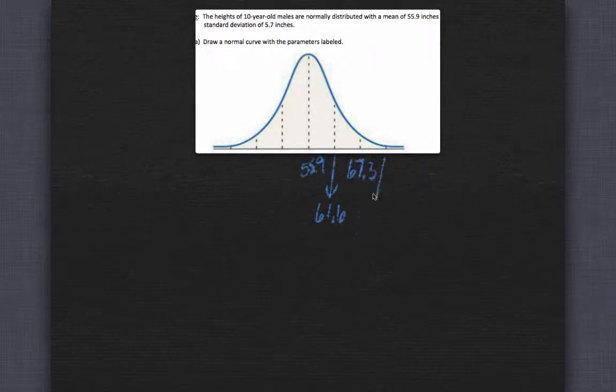And then I add another 5.7 to get to this one, and I get 73. Over here, I subtract 5.7 because I'm going the other direction. And then I subtract another 5.7. And then I subtract another 5.7. And that's how I label the parameters.